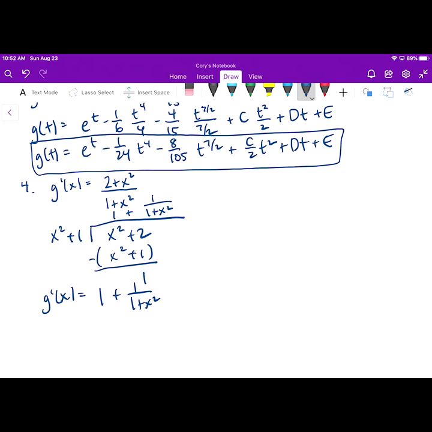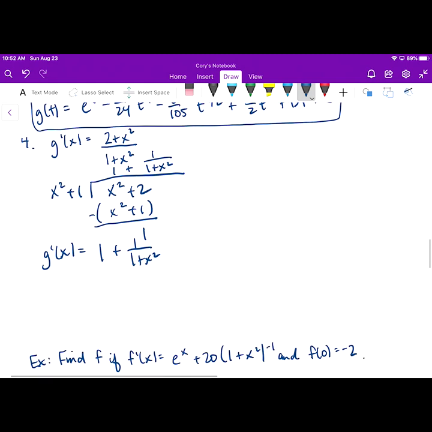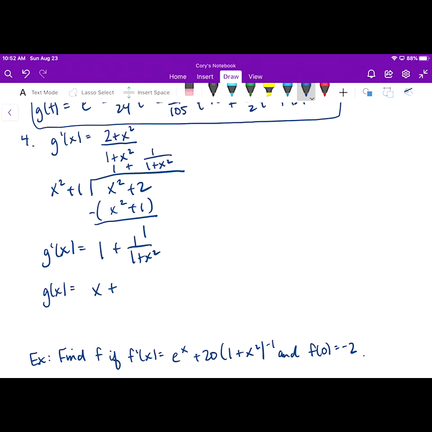When I rewrite g prime in that form, then it's easy for me to take the antiderivative term by term. If I want to take the antiderivative of g prime, that's going to be g. So the antiderivative of 1 is x plus the antiderivative of 1 over 1 plus x squared, which is the inverse tangent of x. And then we're going to add our constant c to the end.